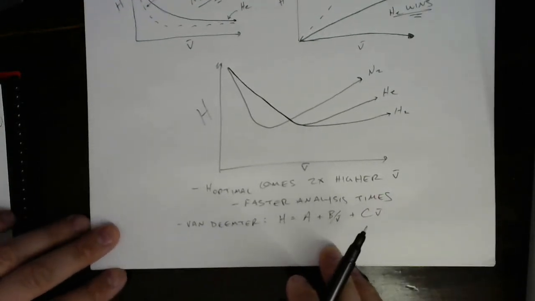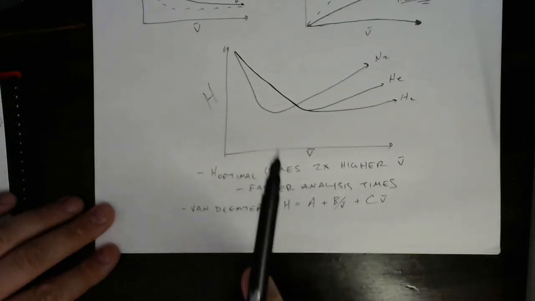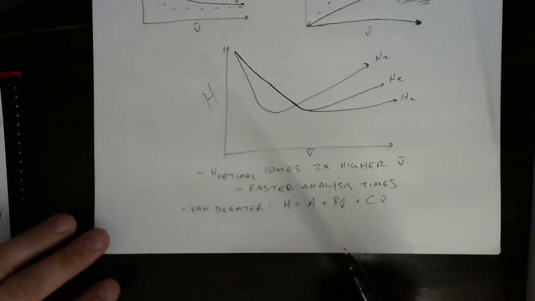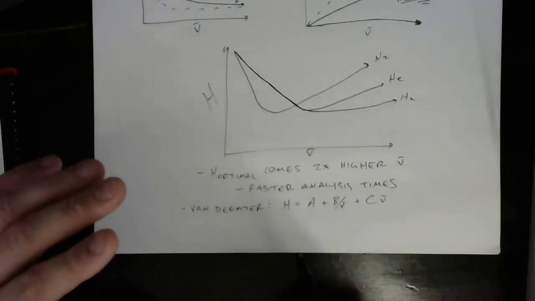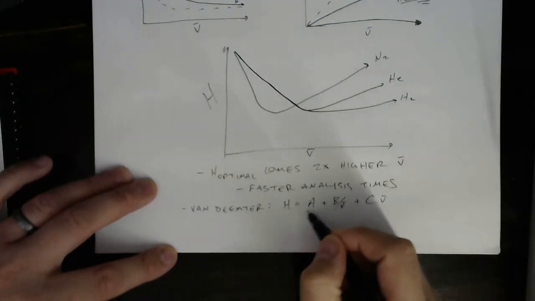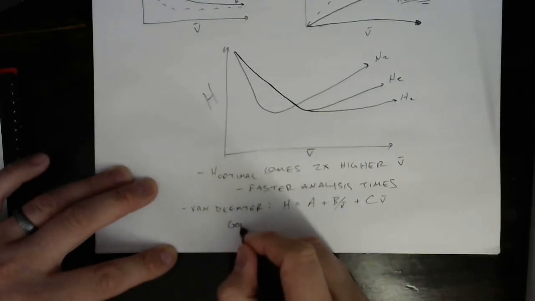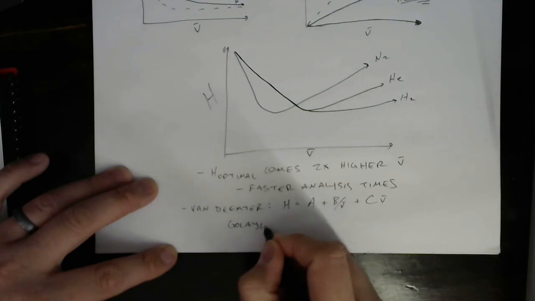And the point I want to remind you of, we've touched on this briefly before, is that gas chromatography is done in open tubular columns, right? So there is no A term. So for open tubular GC, there's no A term, and that reduces the Van Deemter equation to something we call the Golay equation.